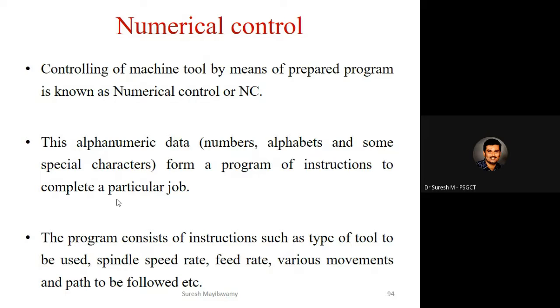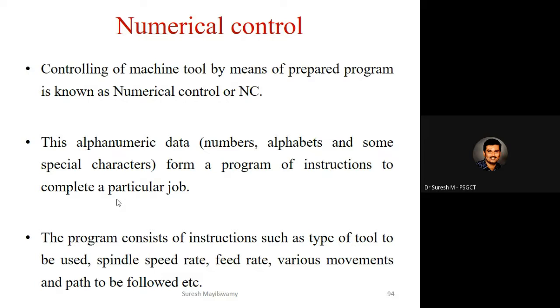Numerical control means alphanumeric data: numbers, alphabets, and some special characters may be used to develop the CNC part program. The program consists of instructions such as the type of tool to be used, the spindle speed you are expecting, the feed rate, and the various movements and paths to be followed.